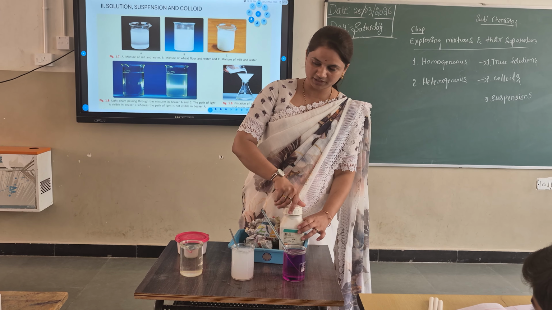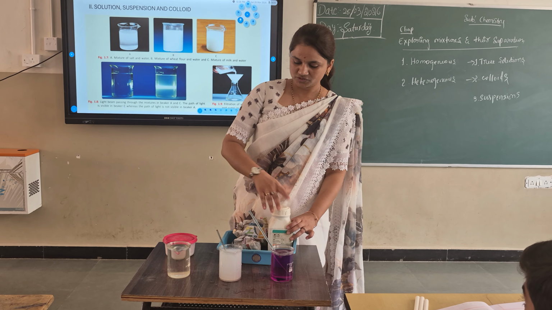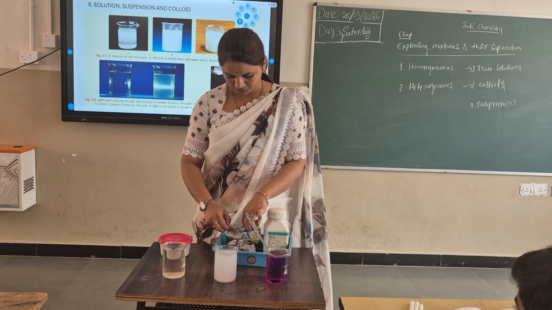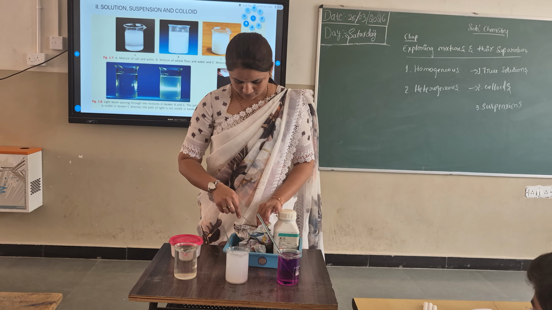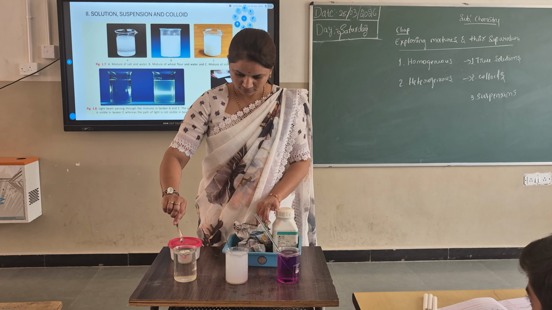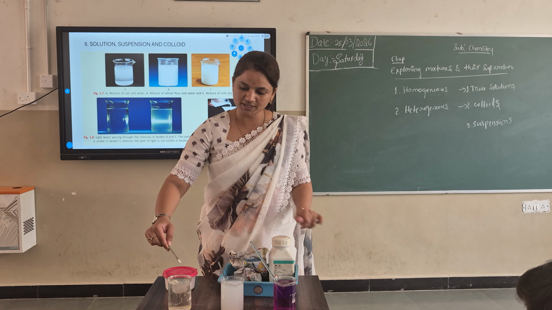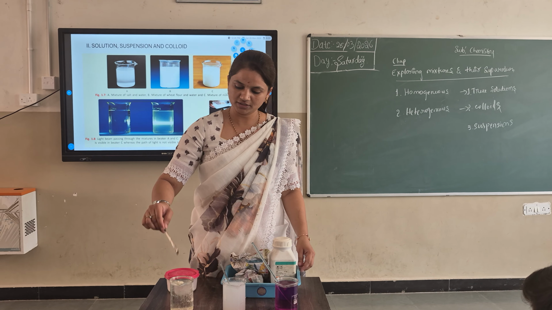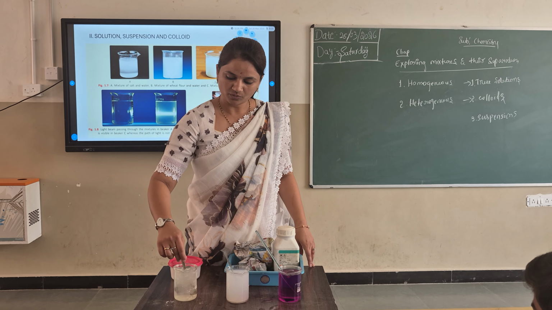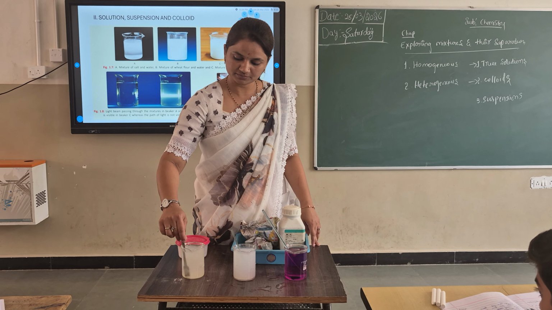So for beaker C, what do I have to take? Chalk powder. I have taken the wheat flour. I have added wheat flour. Here wheat flour is the solute and water is the solvent.